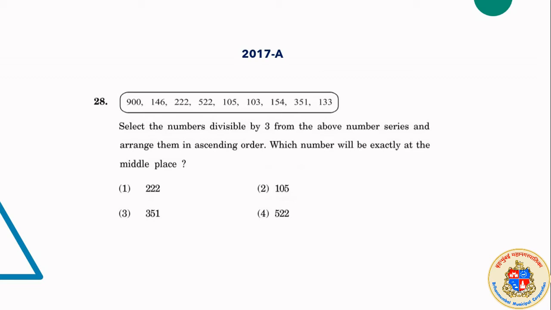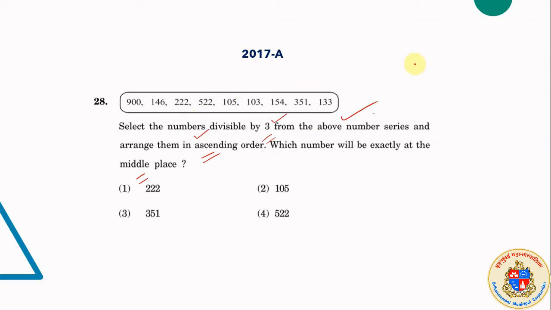Now the question is from mathematics. Select the numbers divisible by 3 from the above number series. It's a series. And arrange them in ascending order. Which number will be exactly at the middle place? So you are asked to write the numbers which are divisible by 3 and write them in ascending order.